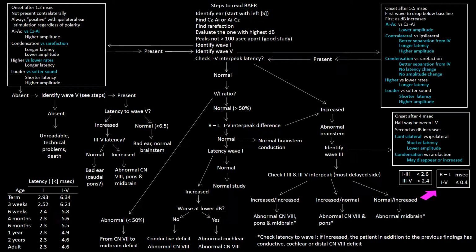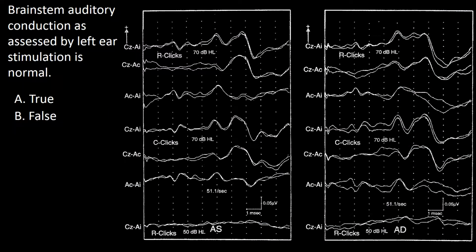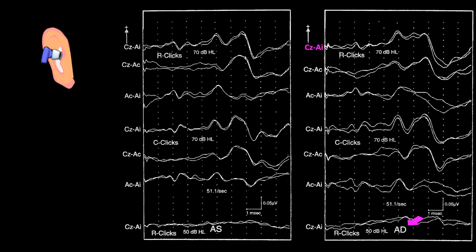The right and left auditory pathways should be synchronous. A 1 to 5 peak latency with a difference of more than 0.4 milliseconds represents an abnormality in the slower side. So, the answer to this question will still have to wait a little longer until the right ear has been tested, which I will do in the next few minutes.